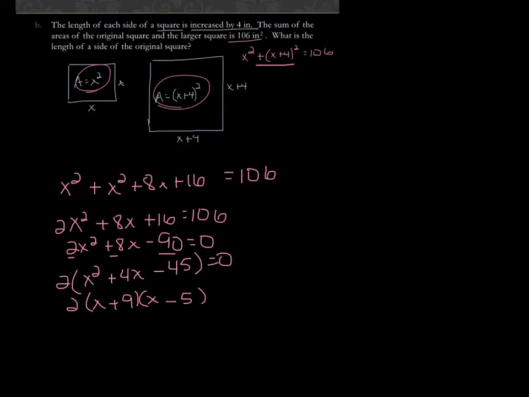So 9 minus 5 is 4. 9 times negative 5 is negative 45. So then setting this and this equal to 0 gives me x equals negative 9 and x equals 5. Again, since we're talking about side lengths, it's going to be the positive. So the side length of the original square is 5 inches.